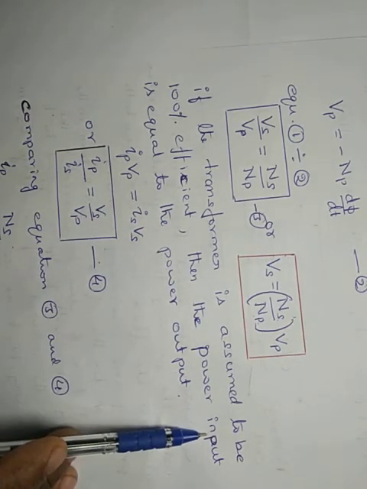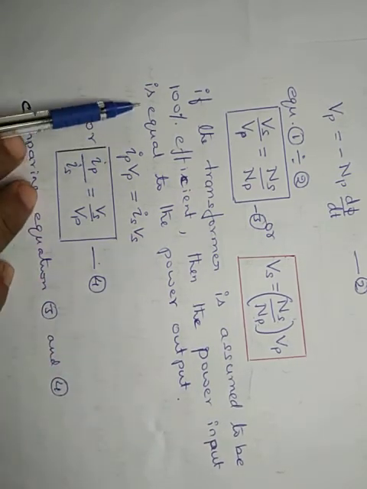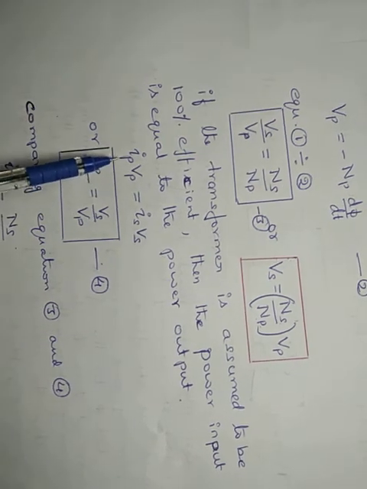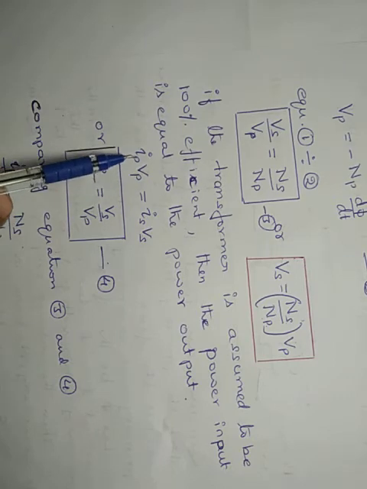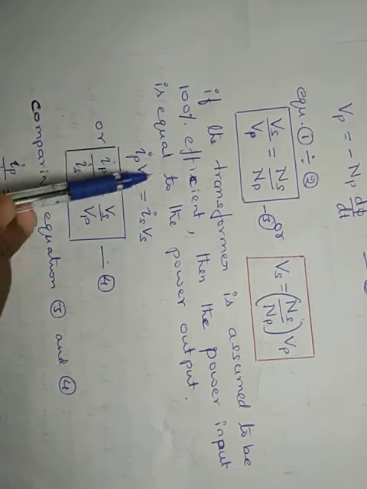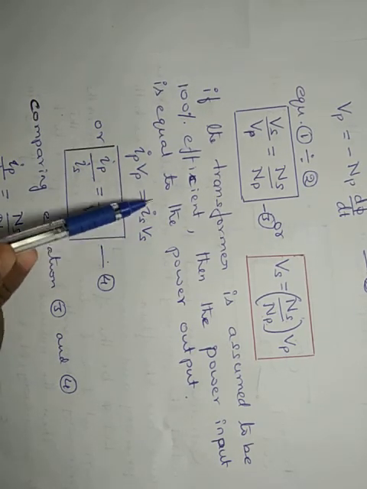Then the input power is equal to the output power. What is the input power? We know the equation for power, I into V. Here Ip Vp, input power, equal to output power.